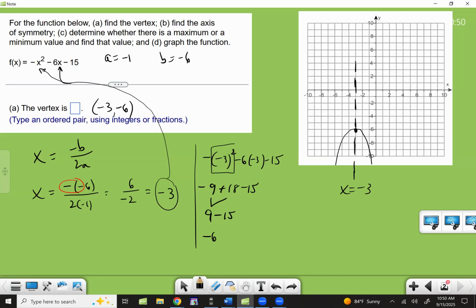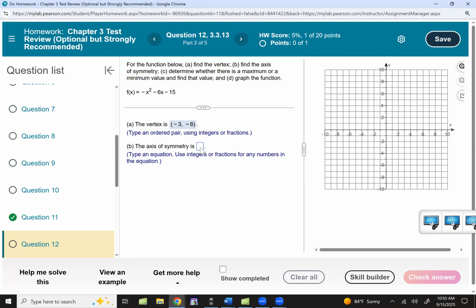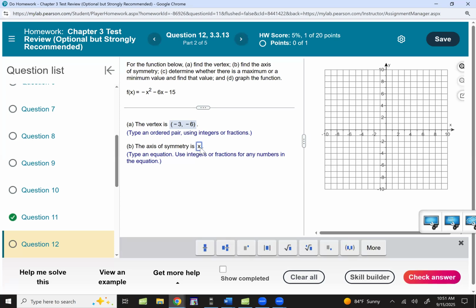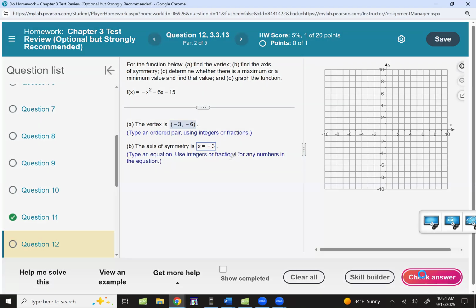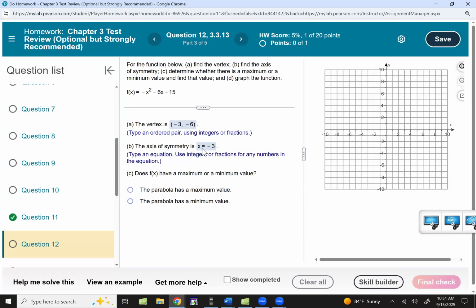You have to write x equals -3 because y equals -3 would be a horizontal line. It needs to know that this is a vertical line. So we're going to type in x equals -3. -3 will be wrong. You have to make sure you put that x equals. Okay. So basically, just to kind of point this out, I didn't even need to graph it. I just take this x value, right? X equals -3, and I write that.